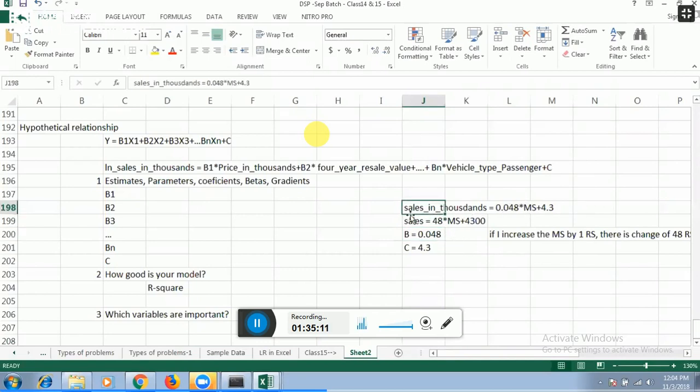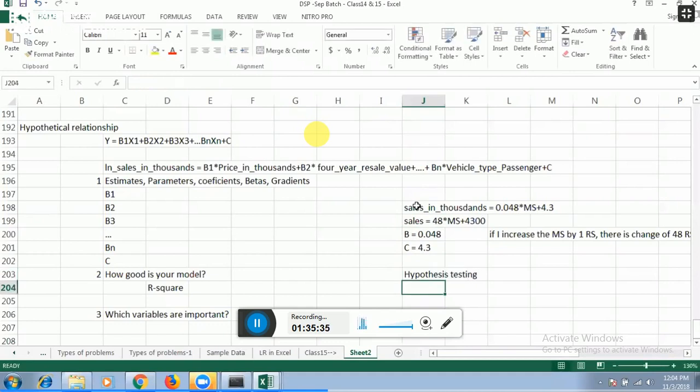If the data is in rupees, I got this one. So can I say that here my beta is high and here my beta is low? No, right? So in this place, what we generally do is use hypothesis testing.